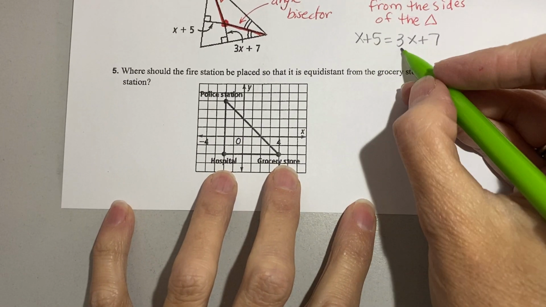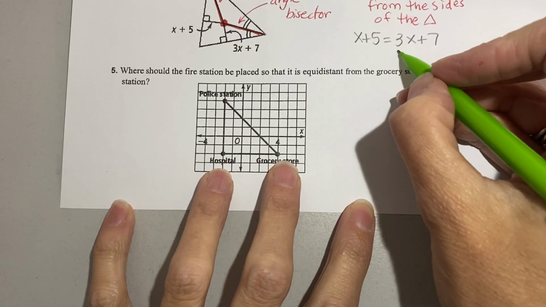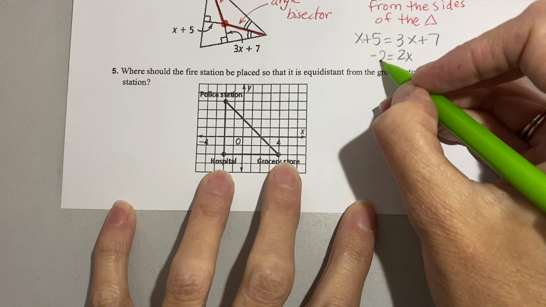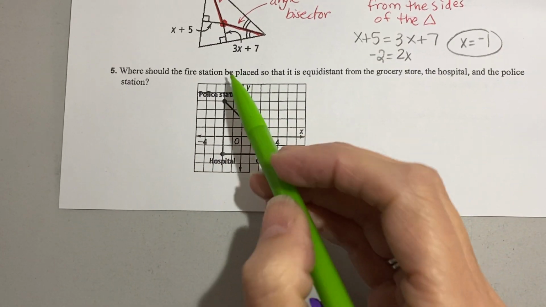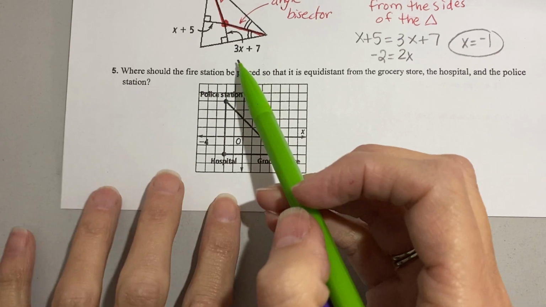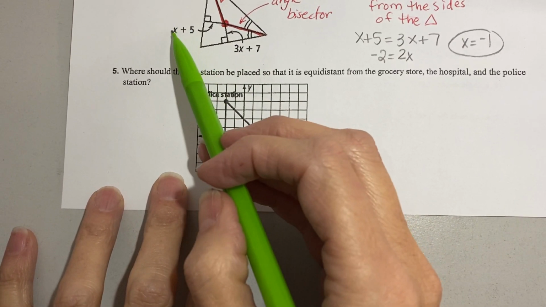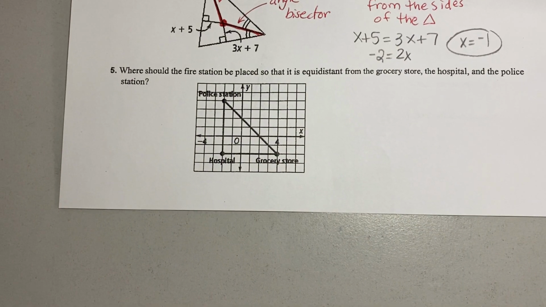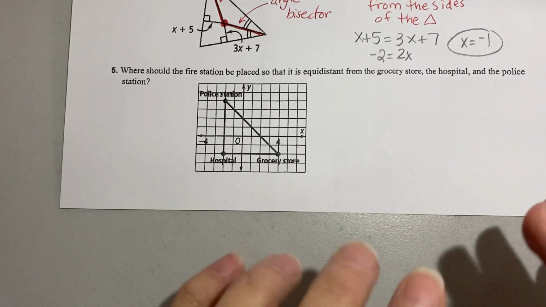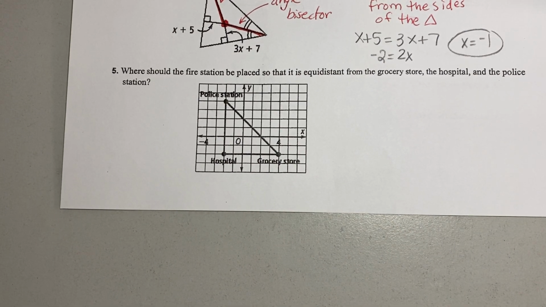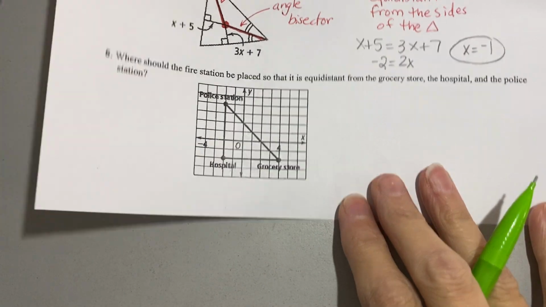So when you subtract x, you get 2x over here. But then you have to subtract 7, so you get 2x equals -2, and divide, you get -1. It's okay to get negatives so long as distances aren't negative. And this distance would be 4, and this distance would be 4. So it's okay to get negative numbers so long as distances aren't negative. And they aren't. It's all good. That negative made me think for a minute, and then I'm like, wait, it's negative. But our distances are positive.